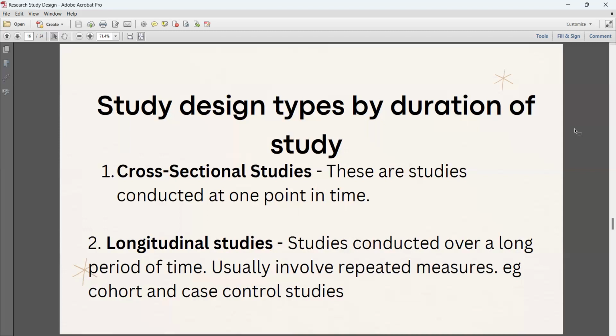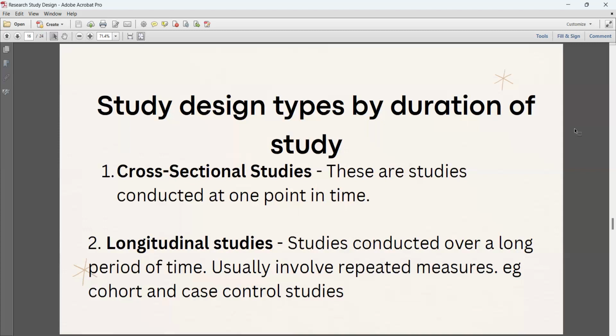Longitudinal studies, on the other hand, we try to do a study for a long period of time. And this usually involves repeated measures. For instance, as I said, in medicine, in public health research, we have what we call cohort and case control studies.